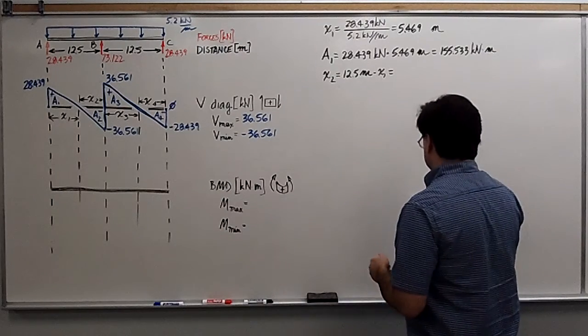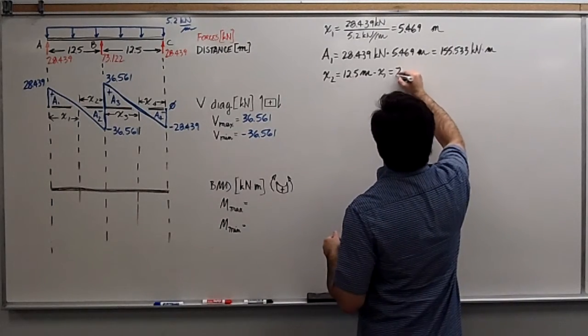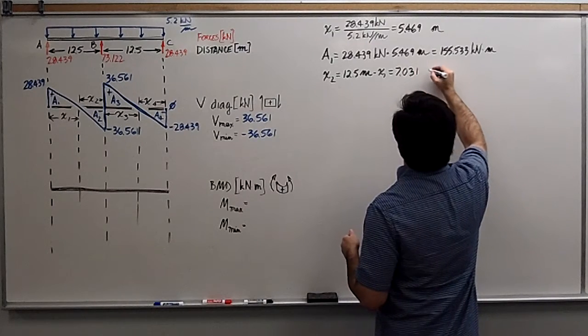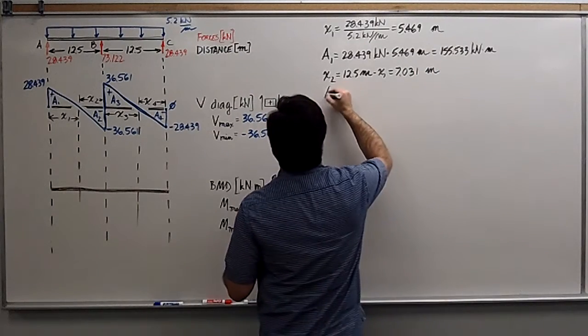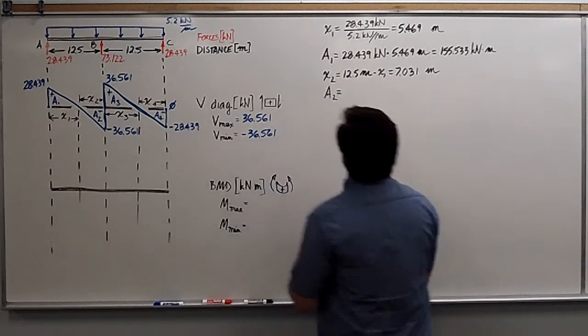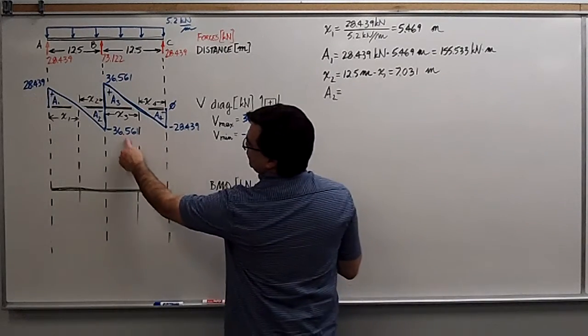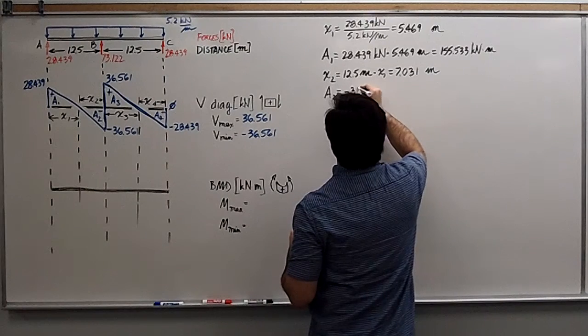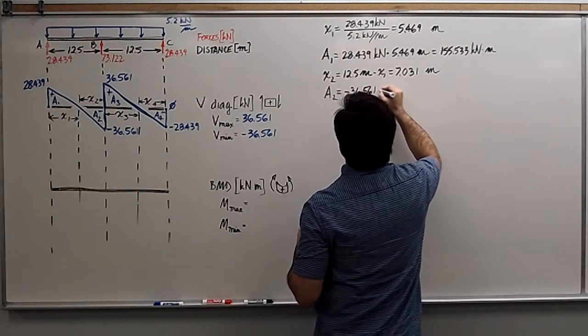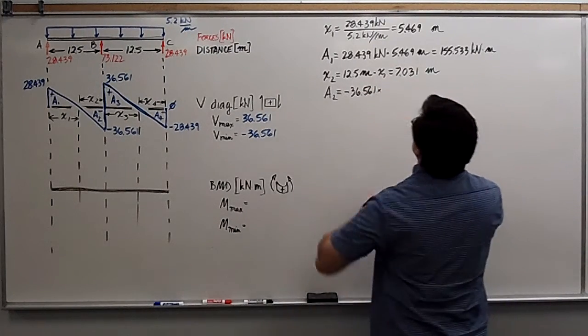$7.031. Area 2 is minus 36.561 kilonewtons times this length.